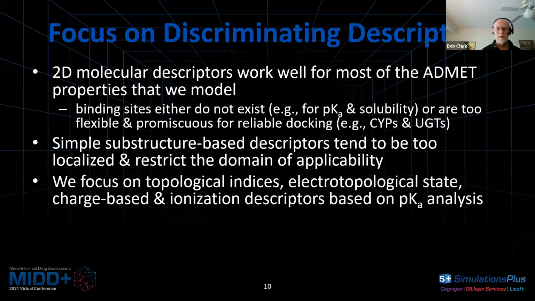We focus on topological indices, electrotopological state, charge-based, and ionization descriptors based on pKa analysis. If you caught David's talk, he mentioned the fact that our pKa model finished at the top of the SAMPL6 pKa prediction competition that was just published in JCAMD.